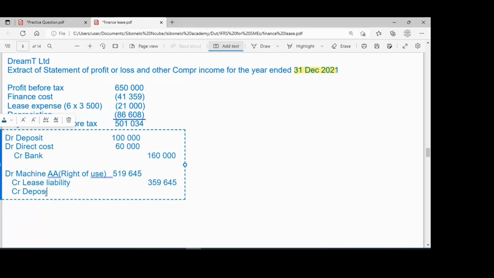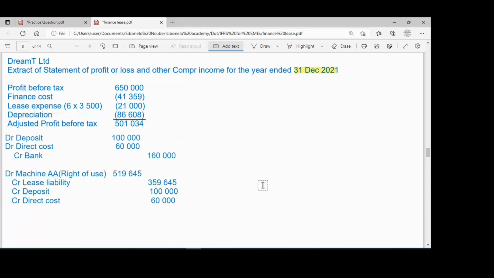So you credit the deposit 100,000. And the last one, included in this 519 is 60,000, the direct cost. Direct cost 60,000. Now your debits equal your credits.